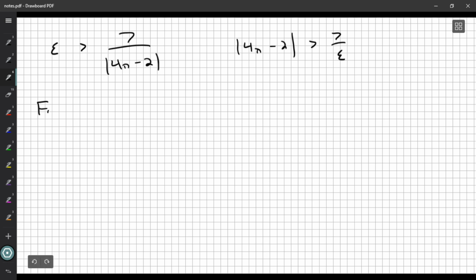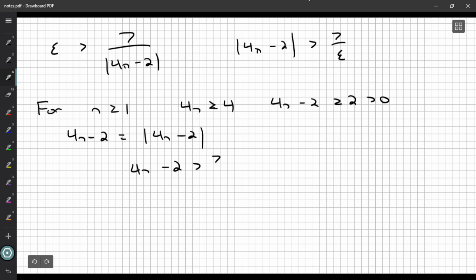Now, for values of n that are greater than or equal to 1, 4n is greater than or equal to 4. So 4n - 2 is greater than or equal to 2, so it's going to be positive. So 4n - 2 is its own absolute value after a certain point.